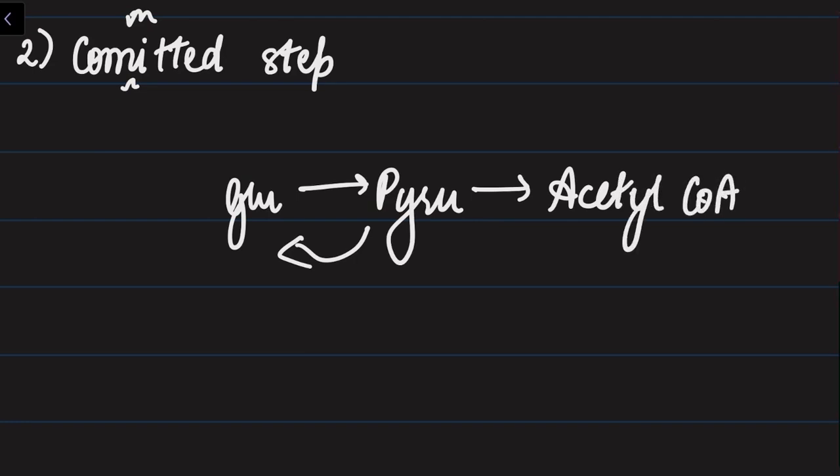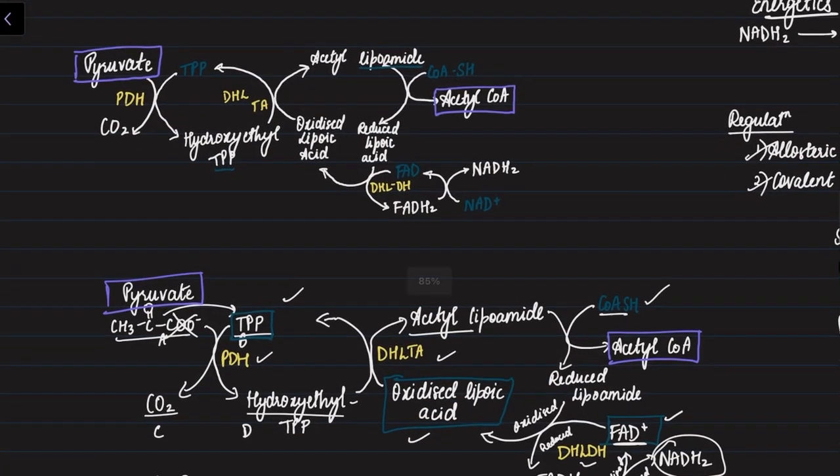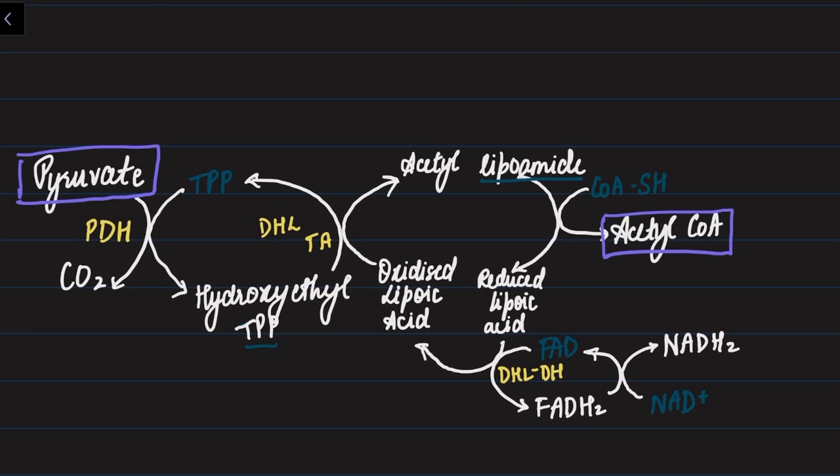That's what they're trying to say. Lastly, let's say somebody has pyruvate dehydrogenase deficiency, or they lack TPP, like in alcoholism or something. Without PDH or without TPP, what happens? You cannot get acetyl-CoA. And without acetyl-CoA, there is no TCA cycle. And without TCA cycle, there is no energy.